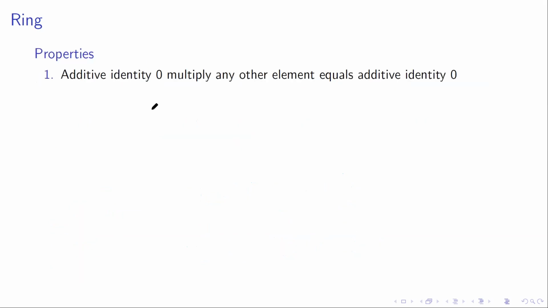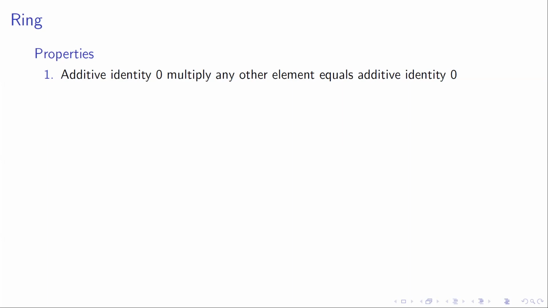Some properties. Additive identity 0, multiplied by any other element. Sorry, the notation doesn't say the degree of the polynomial. I forgot what notation we use for the degree, but I just know that to represent a polynomial, you use that bracket symbol.